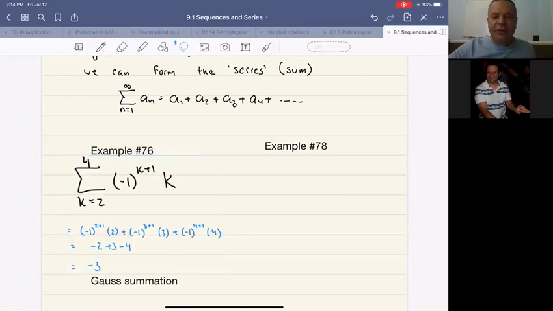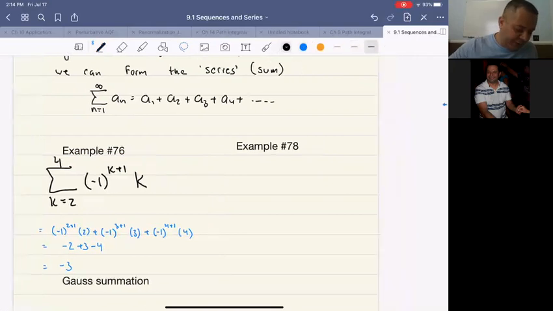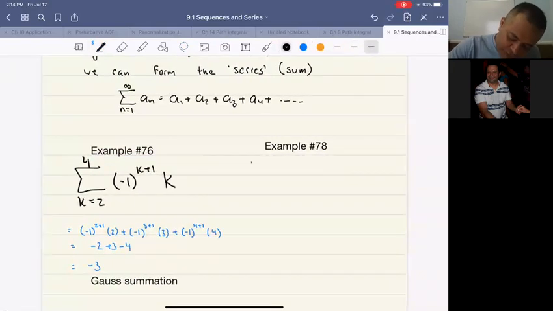All right, let's do another one. Number 78 is a little bit larger of a sequence. The sum, j equals 4 to 9, of j to the third plus 1.